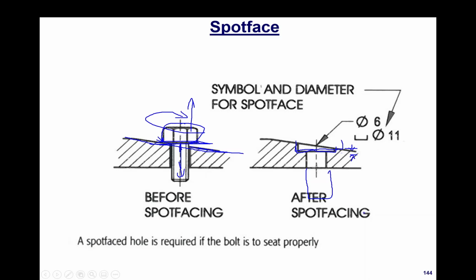So someone's going to see the spot face designation on the drawing, and they're going to plunge into the material enough to produce a nice flat landing for the bottom of this bolt head. So that's where we would use a spot face. We also use spot faces for just assembling components, and I'll try to do this in a future video.